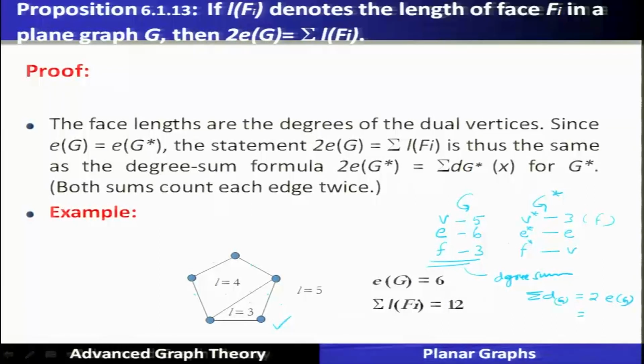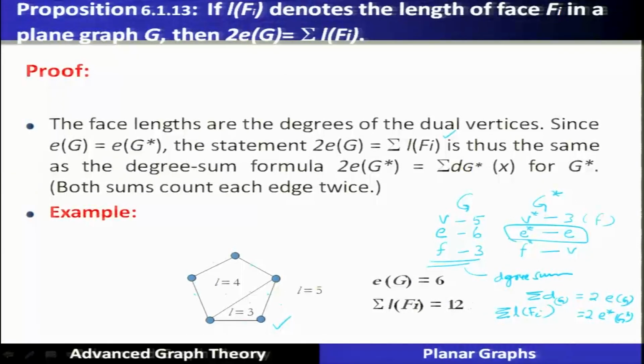Now here we see that this edge count E is the same as E star, so that becomes 2 E star in that dual graph G star. As far as the degree is concerned, the degree of a dual vertex is nothing but the length of the face, so the sum of the lengths of the faces will become the sum of the degrees.